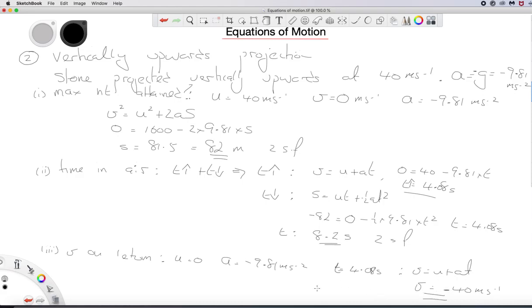Notice how the maths takes care of you. If you're careful with your signs, your answer will be correct in terms of its direction. So there's your second scenario.